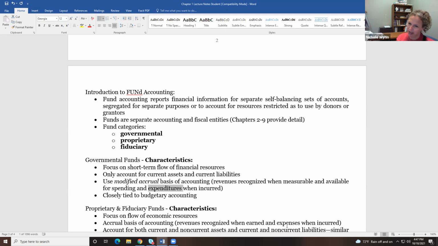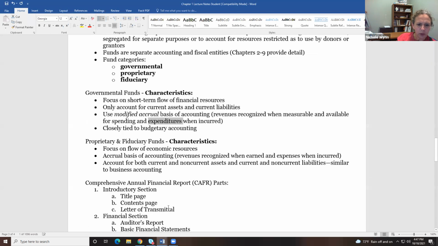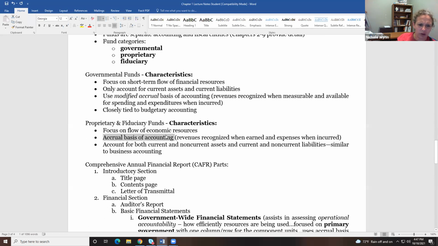And if another expenditure was paying your utility bill, then you're going to expense that. Whether you capitalize it is the phrasing we use in financial accounting. So proprietary and fiduciary accounts are going to use the accrual basis, and they are going to have current and non-current assets.